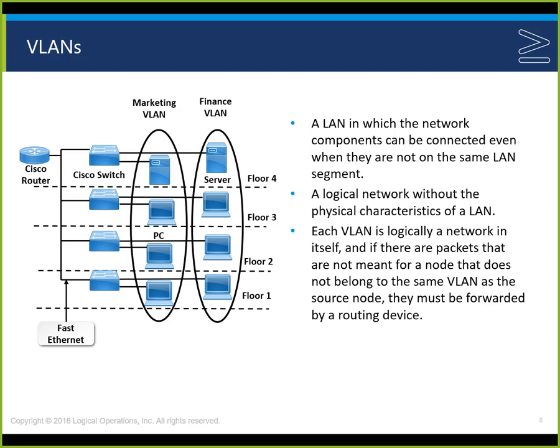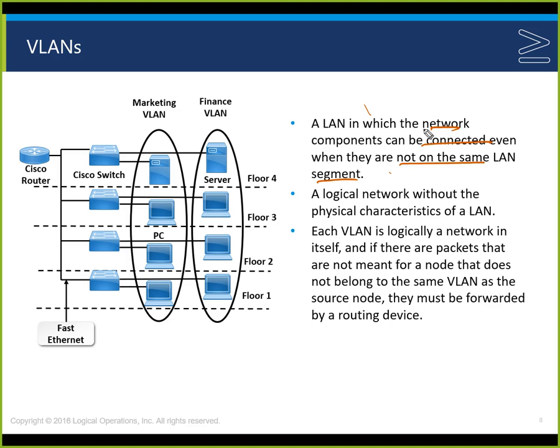So VLANs: a LAN in which network components can be connected even when they're not on the same LAN segment. What does that mean? We have VLANs here, and we have this special thing called a trunk port, which is kind of omitted here.